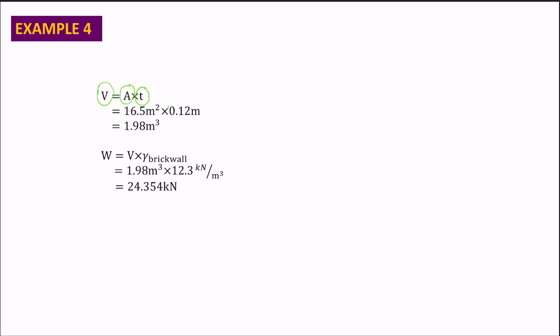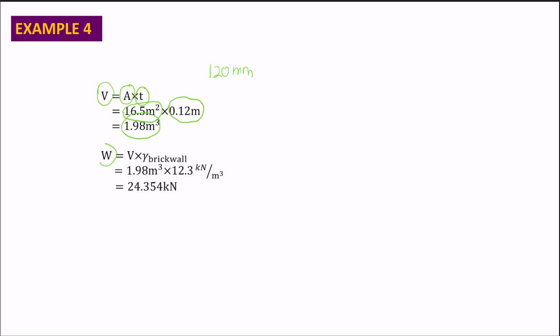Thickness, the area yang ikut kita kira dari table, and the thickness of the wall given in the question. 120 mm, convert into meter, it becomes 0.12 meter. You will get the total volume of the wall is 1.98 meter cube.